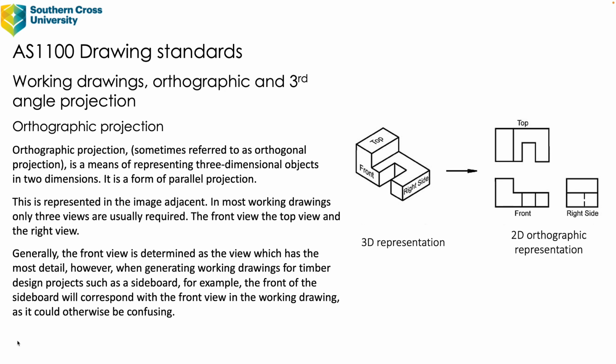Now, the other thing, just as a point of discussion, in this example here, we're using the right view. When we're using third angle projection, there is always a bias towards the right view. But say, for example, if in this drawing there was detail on the left-hand side or the left end, we would have to have an additional view in there as well.